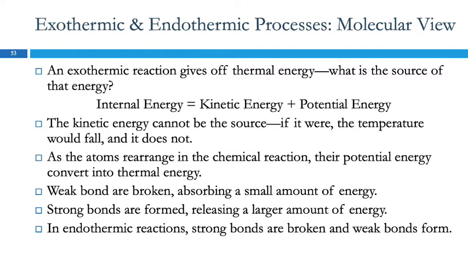So really these exothermic reactions involve breaking weak bonds and forming strong bonds. And then there are also endothermic reactions like ammonium nitrate dissolving in water, right, that pull energy in. And so there you're breaking the big strong bonds and you're making weaker bonds.